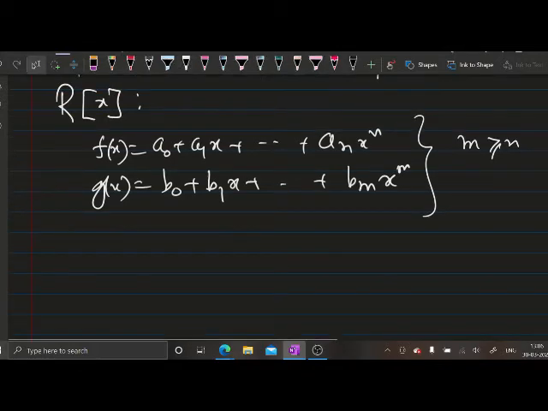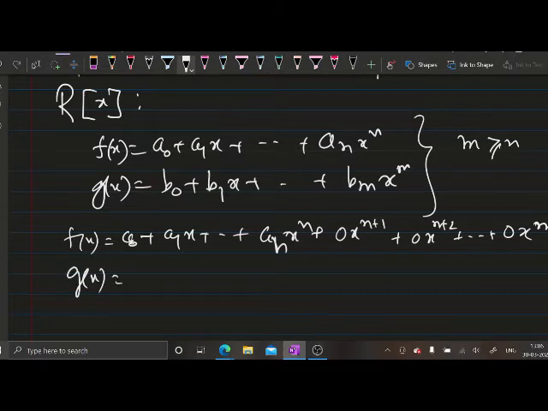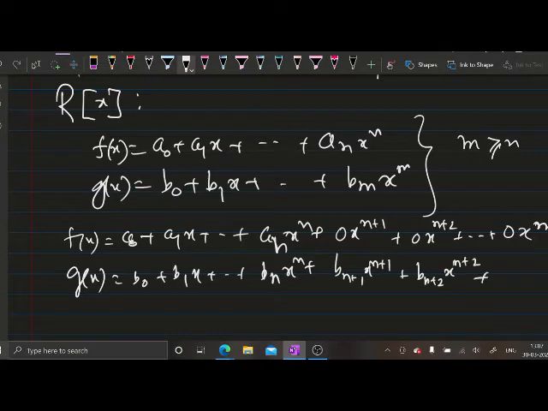Then this f(x) can be written as a0 plus a1x up to an x to the power n plus 0x to the power n plus 1, 0x to the power n plus 2, and so on. You can take this up to x to the power m. And this g(x) is b0 plus b1x plus up to bn x to the power n plus bn plus 1 x to the power n plus 1, bn plus 2 x to the power n plus 2, and up to bm x to the power m.